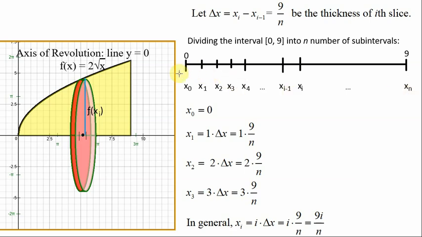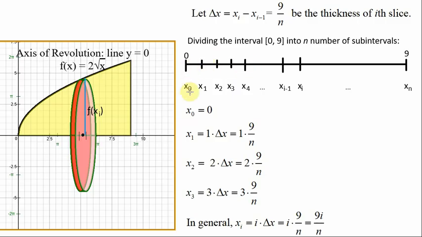The thickness of this disc, which we earlier denoted as delta x, is from here to here, and then from here to here is delta x, delta x, delta x, and so on.